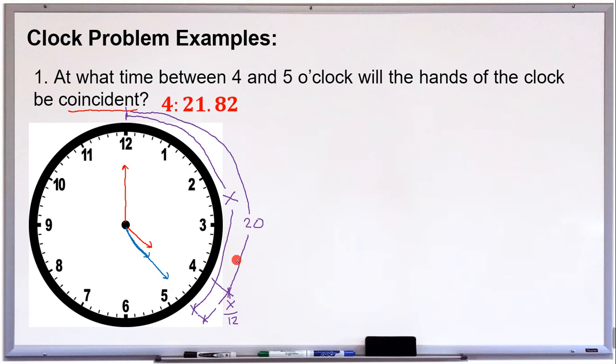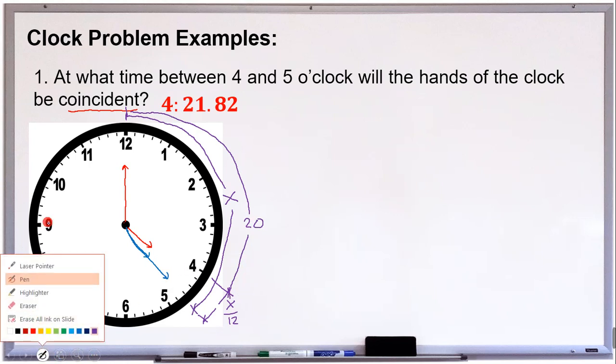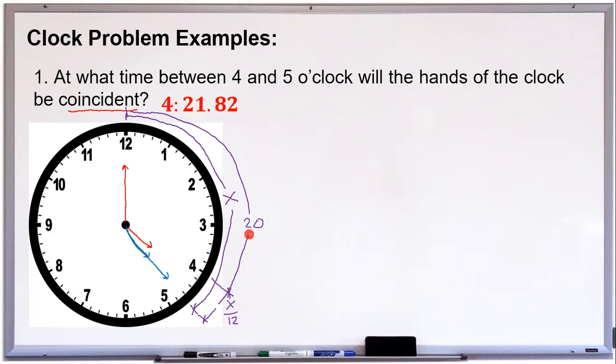So from 12 up to the number 4, the number of minutes is 20. Okay, so from our illustration we can generate a working equation. Our working equation is, again, the distance from 12 up to the final position of these two hands is equal to x, right?